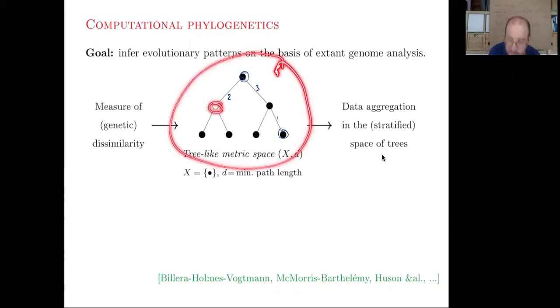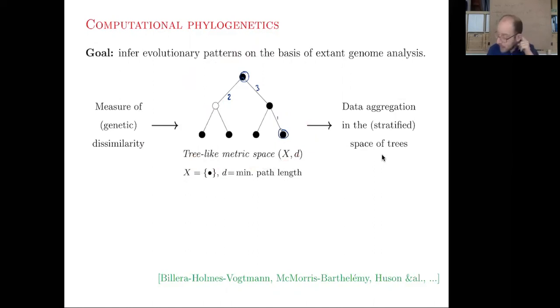This is a vertex of the graph that is not an element of my metric space. Okay, I will, in a couple of slides, explain this more precisely. But for the moment, the black dots are your species, and in order to fit them on a graph, you might have to use some vertices of the graph that do not correspond to elements of the metric space. Okay.